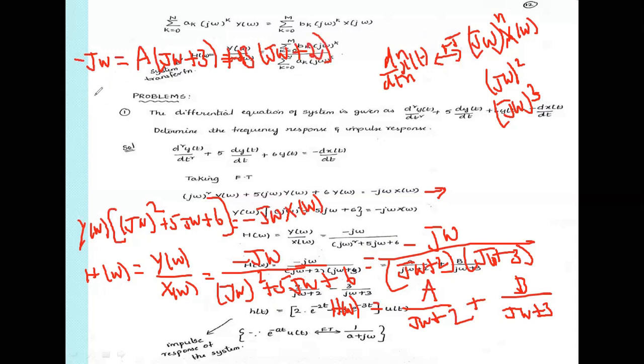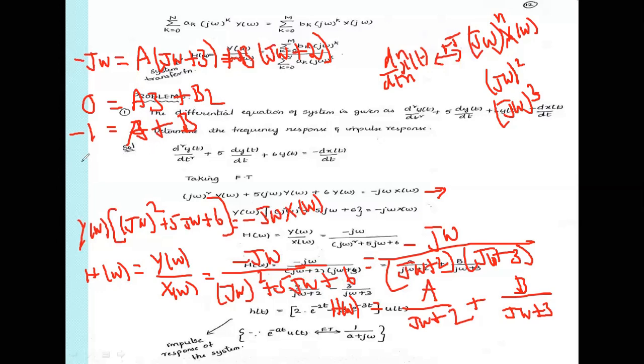Find the constants, compare the constants here. The 0 is equal to A into 3 plus B into 2. For the j omega coefficients, minus 1 is equal to A plus B, so 3A plus 2B.